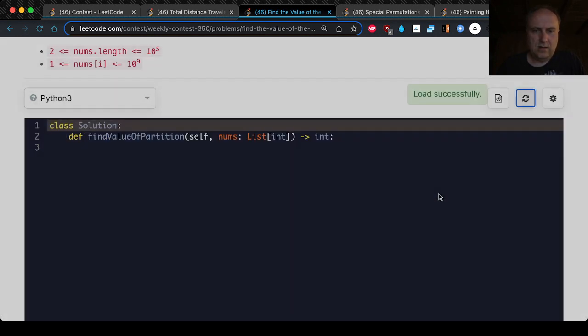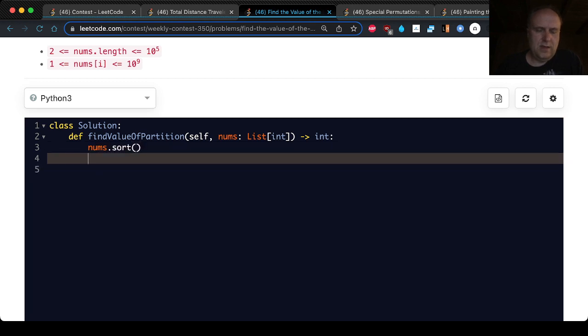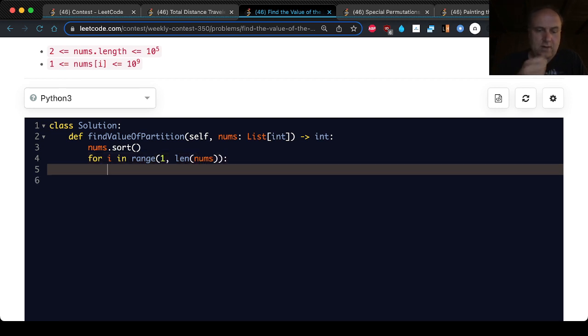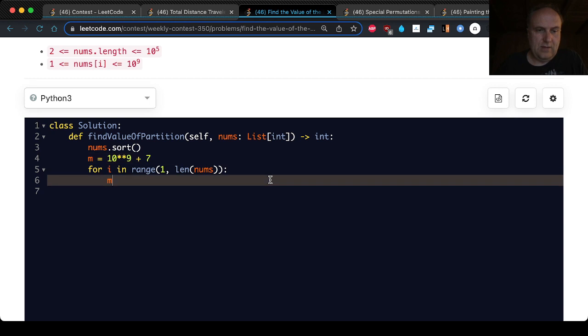Yes. Okay, now nums sort, and then for i in range, tell me this is not it, of len nums. Now we do min m is good. So 10 to the 9 plus 7.